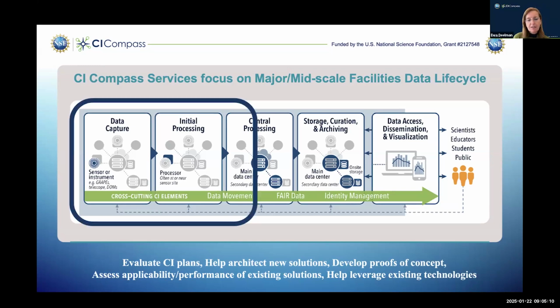So this workshop focuses on the first stage, so really looking at capturing the data at the instruments, looking at issues of data tagging, so this initial processing, maybe cleaning the data, and so forth.